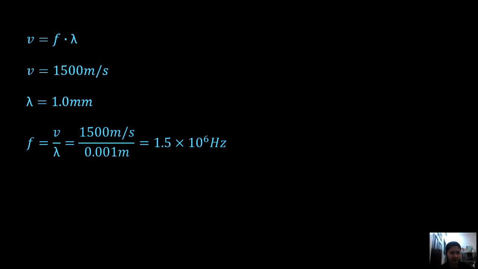We have to convert that from millimeters to meters, so you just move the decimal 3 places to the left, or we just divide that by 1,000. We would get 0.001 meters, and calculating that, we would get 1.5 times 10 raised to 6 Hertz. So that is the frequency of sound that is required for a good scan.